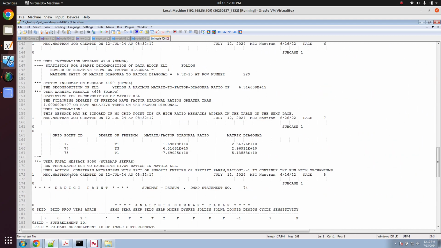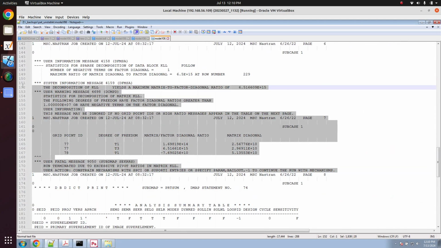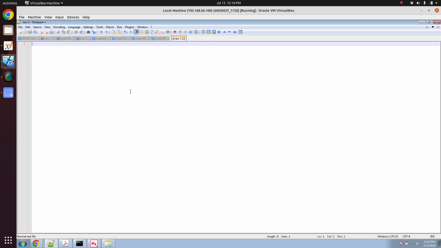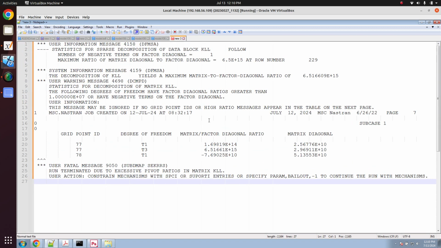So if you look here in the old message, you see the term pivot ratios. So here, let's go ahead and talk about pivot ratios.